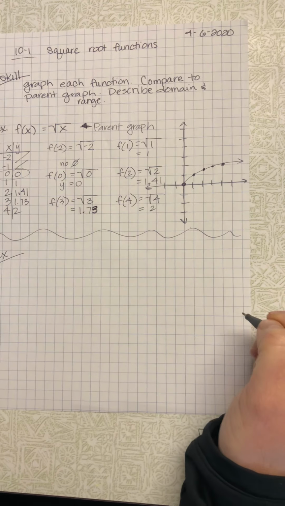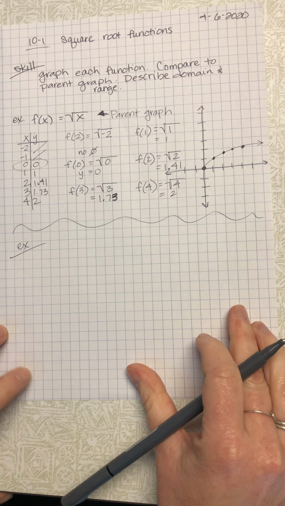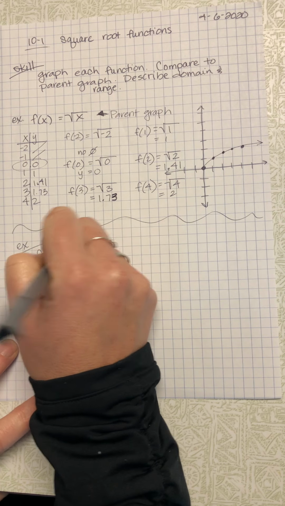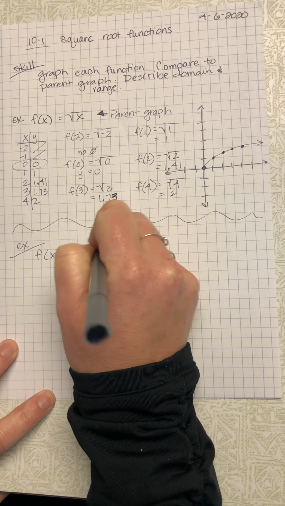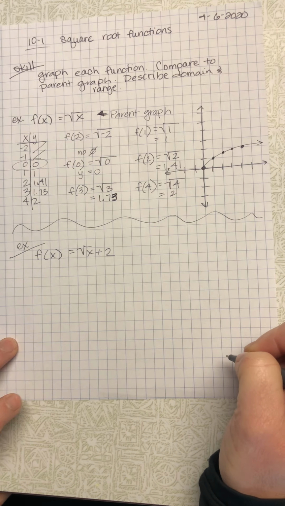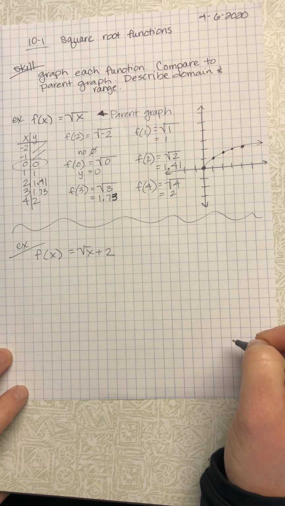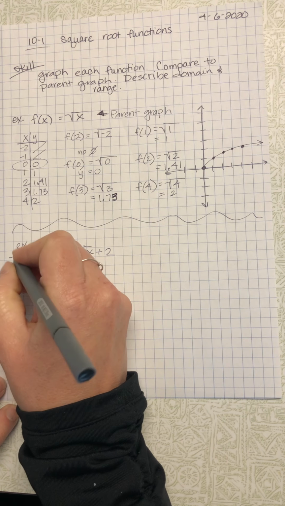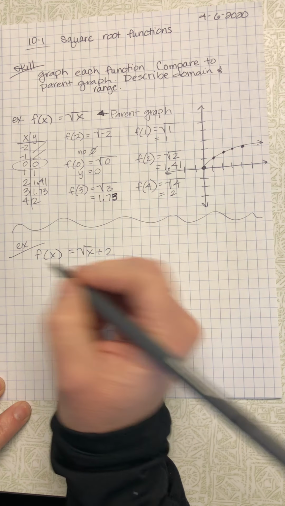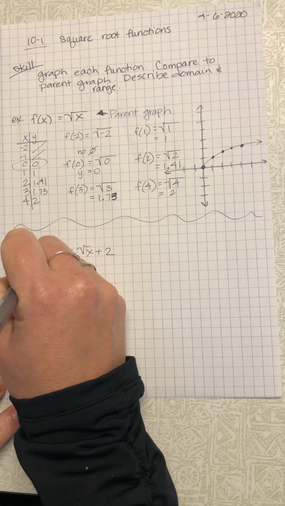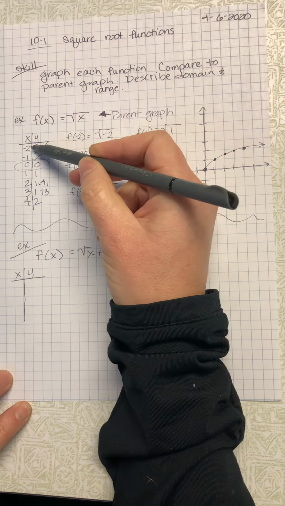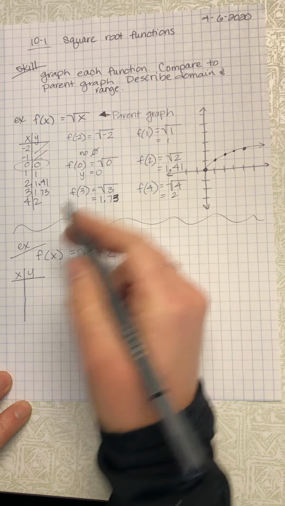So if we take an example that says the function of x is equal to the square root of x plus 2, I'll start it out the exact same way. We have an xy table. We're not even going to bother with negatives because we're working with square roots.